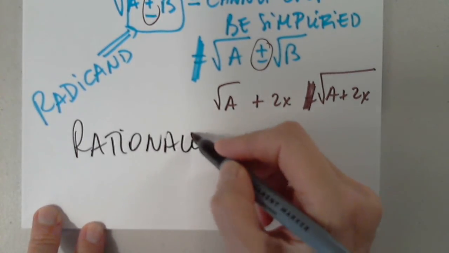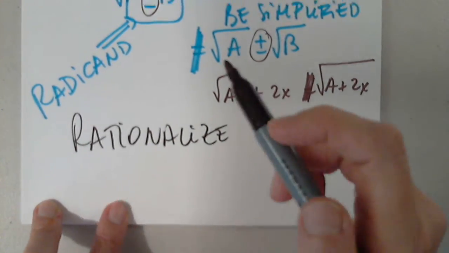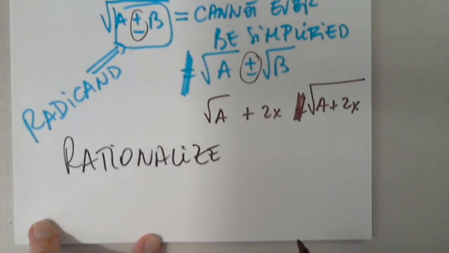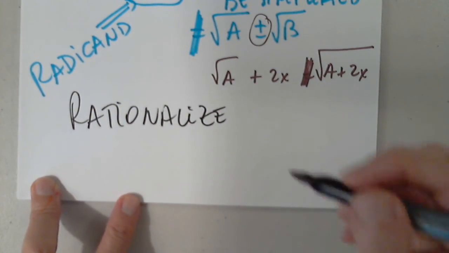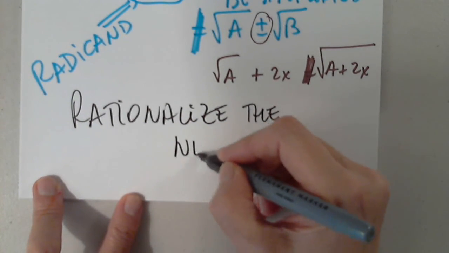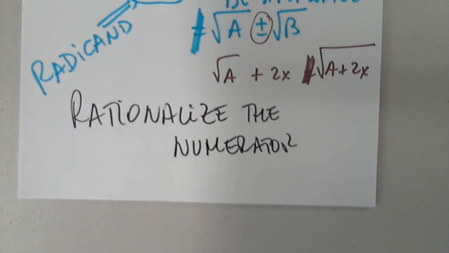Very good. Rationalize. We normally don't rationalize the numerator. But we have no choice now. We normally rationalize the denominator, but we have no choice. The numerator. And I think last week we did the same thing. We rationalized the numerator anyway.